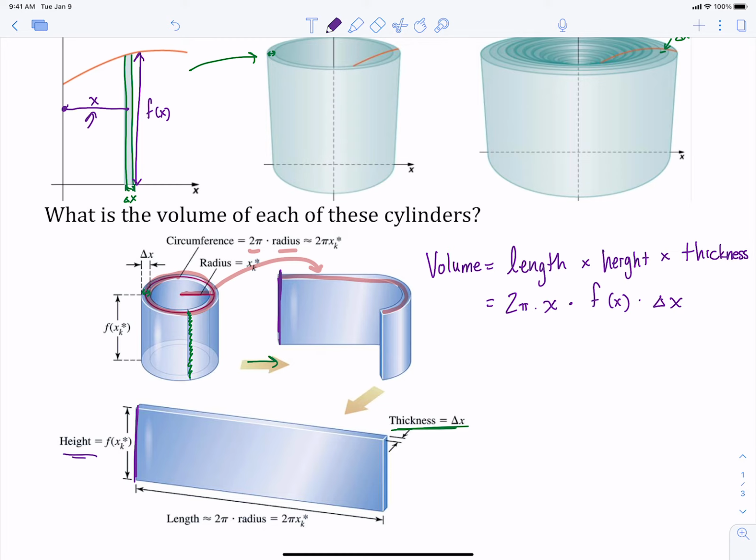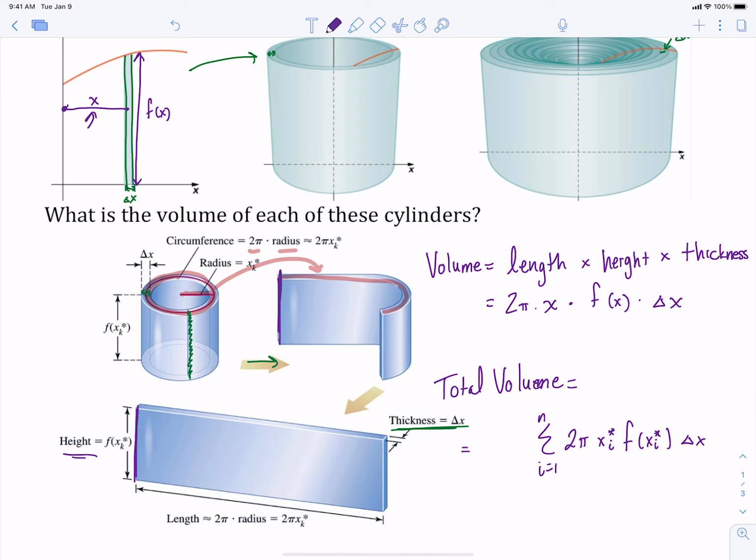So we're going to take each of these cylinders, so our total volume is going to be the sum from i equals 1 to n of 2 pi x sub i star and then f of x sub i star, sort of where we pick to have that radius, and that then gives us the height, times our delta x.